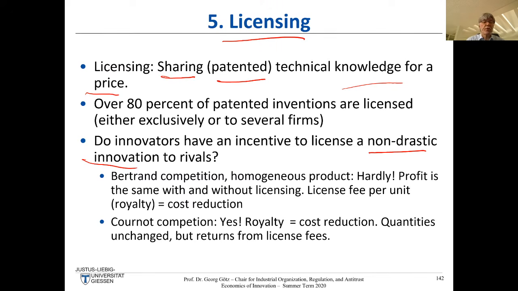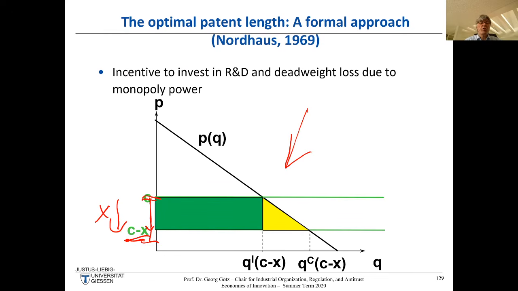In Bertrand competition, it's rather straightforward that you don't have any incentive to license, and as always, you see this is the most important diagram in a sense which we have.